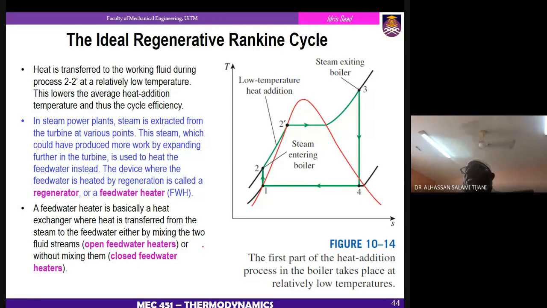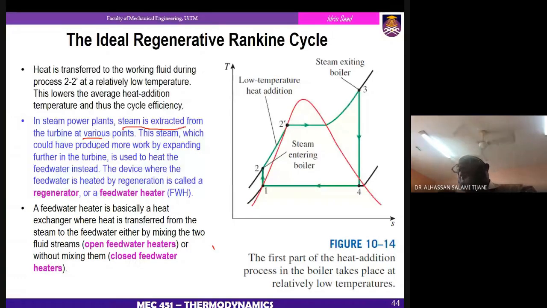So in this situation, in the steam power plant, steam is extracted from the turbine at various points.